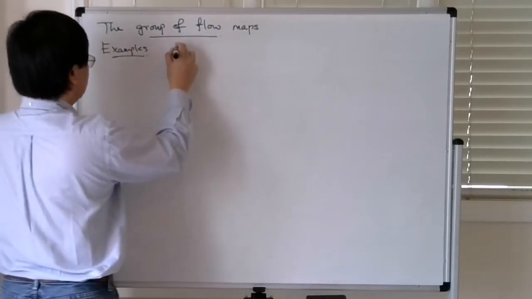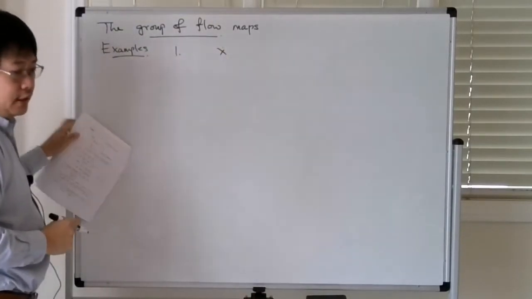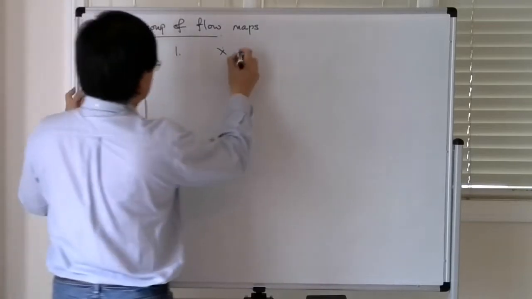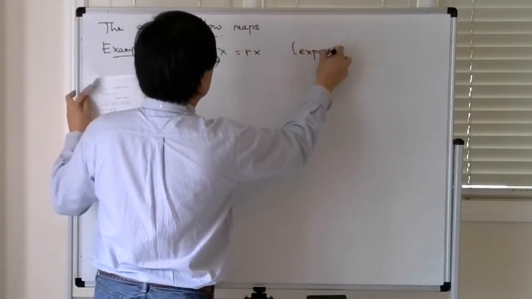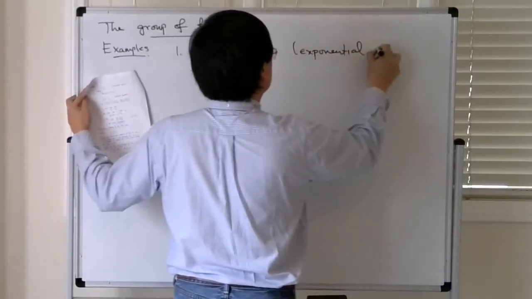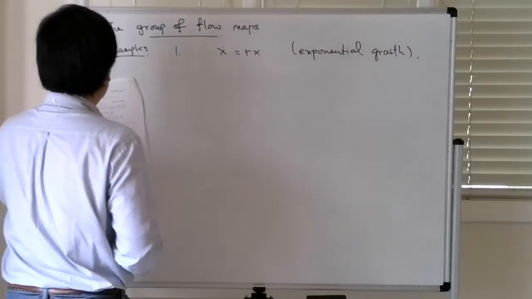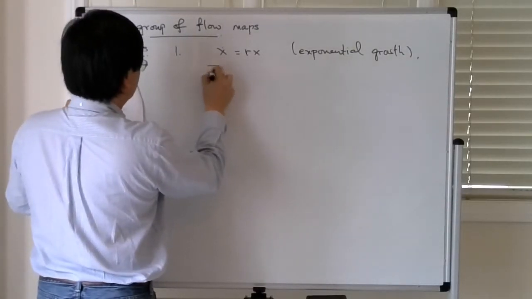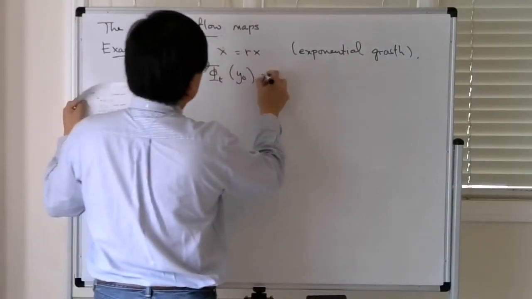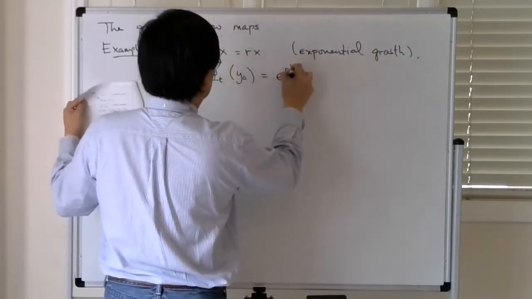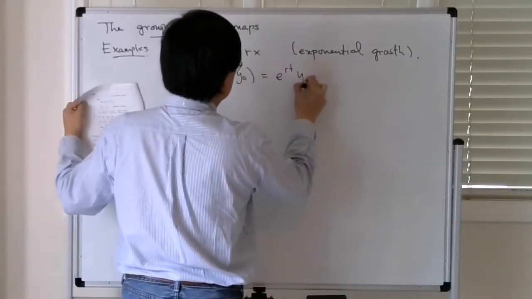So the first one is for the simple linear scalar differential equation, x dot is equal to r x, which is just exponential growth. Then you can check that what the flow map does to some initial data is that it takes the exponential of r times t applied to the initial data y0.